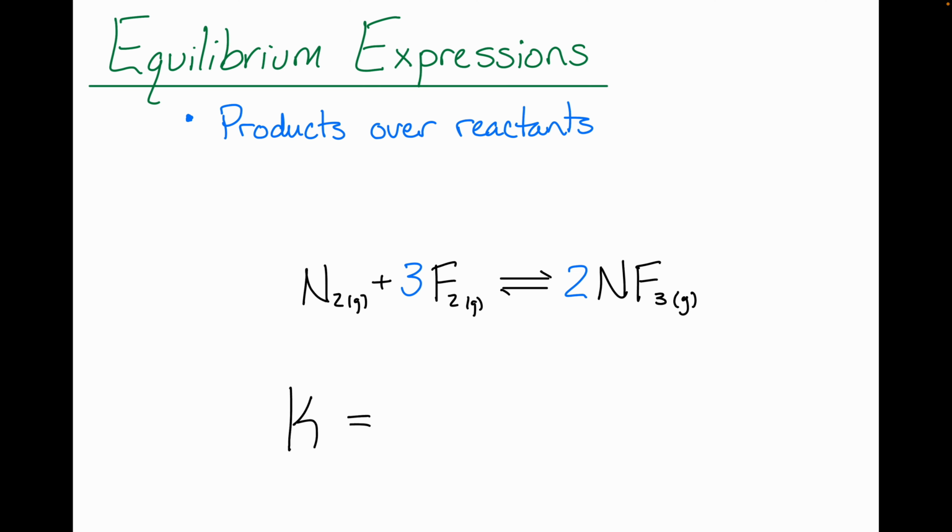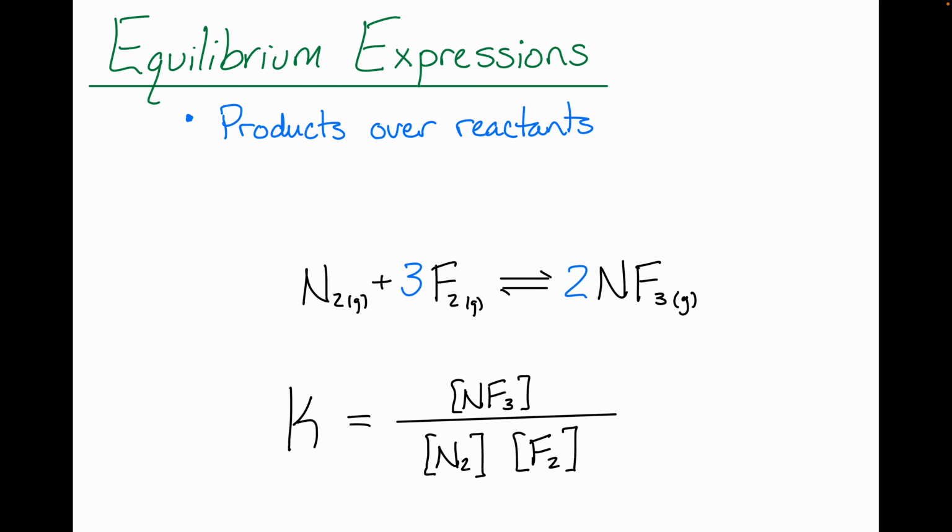Whenever we build these equilibrium constants, we're going to put our concentration of our products over our concentration of reactants. Now since I have these 2 reactants here, I'm going to be multiplying their concentrations in my equilibrium expression. So products over reactants.